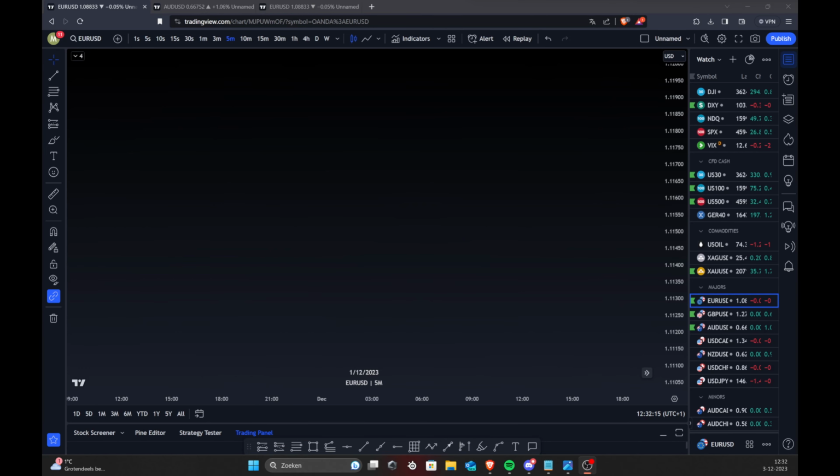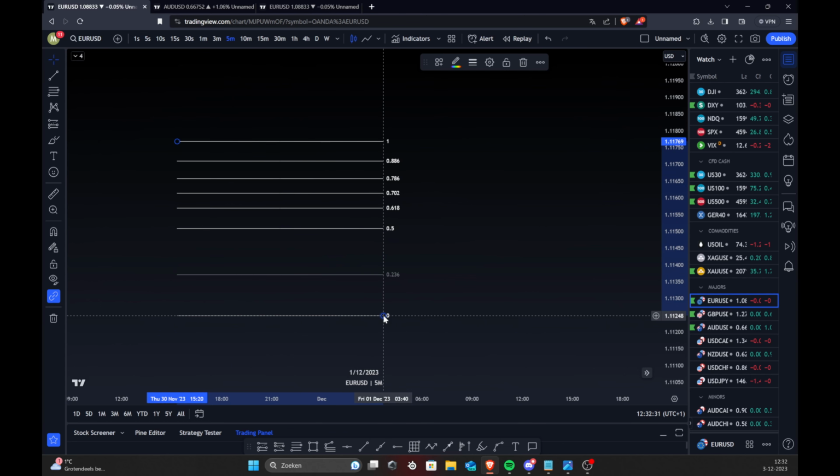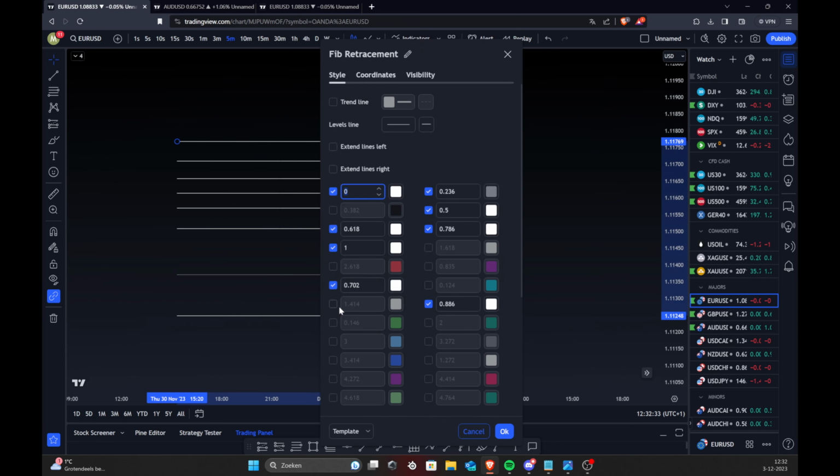Today I want to talk about how we use the Fibonacci tool to get the sniper entries as we do in our MFX strategy. So to start off with, we basically only use the Fibonacci retracement tool, and that's just this one. You also have the Fibonacci extension tool, which you have to enable these levels, these 1 levels and above.